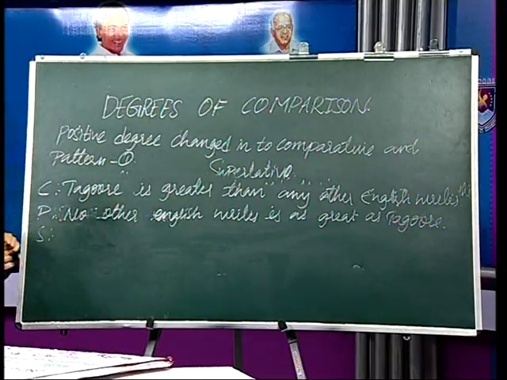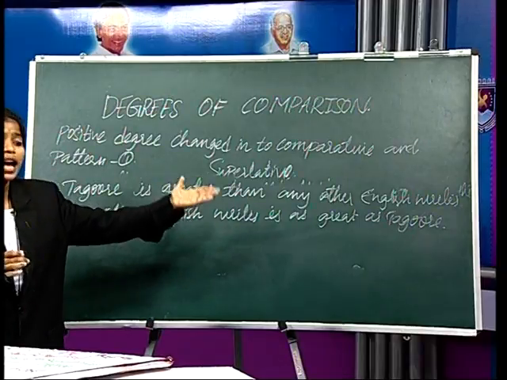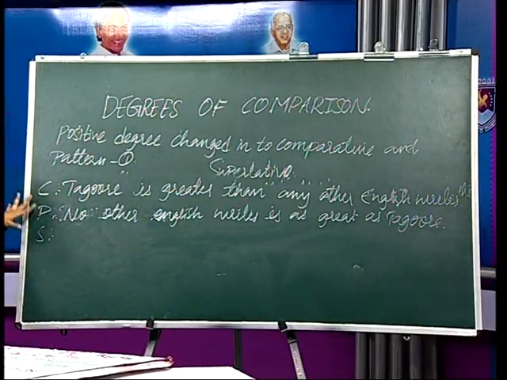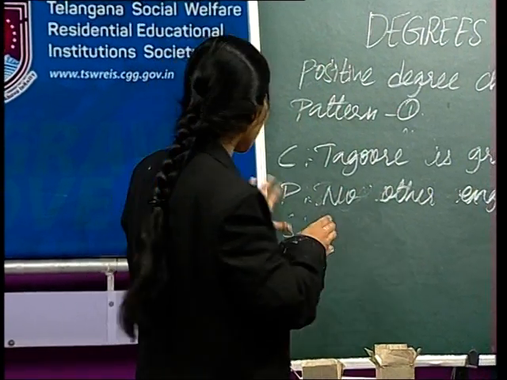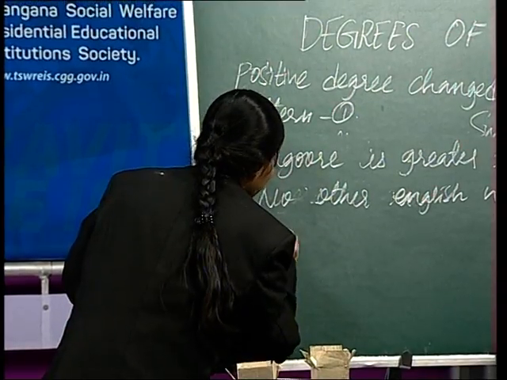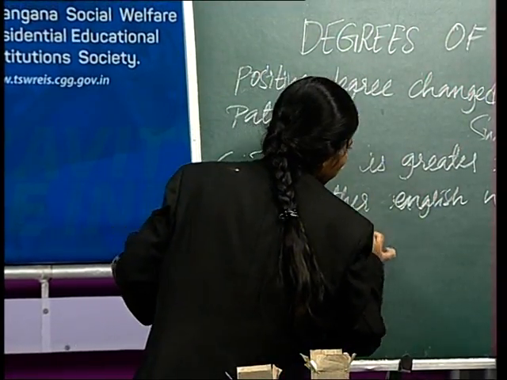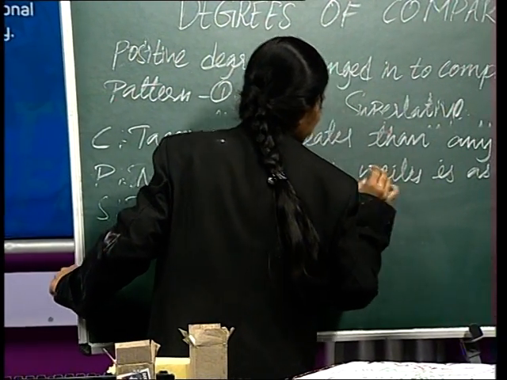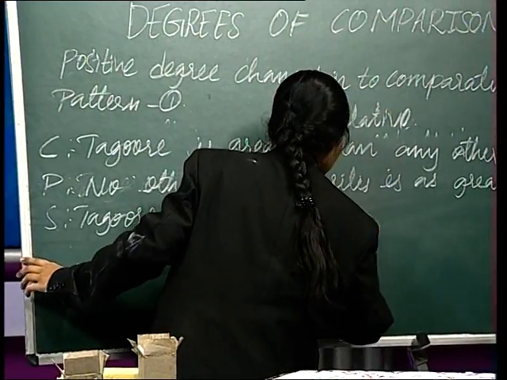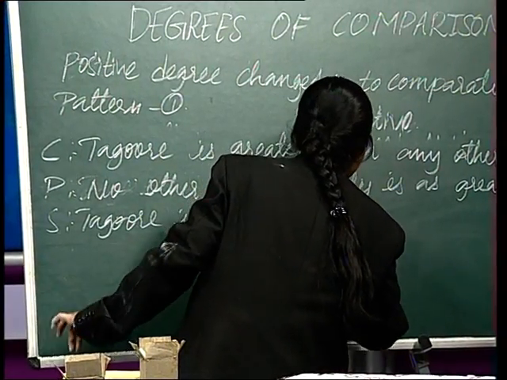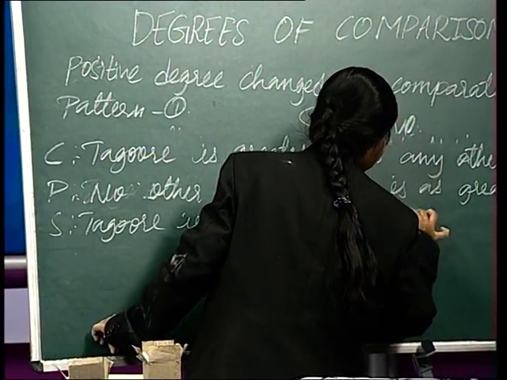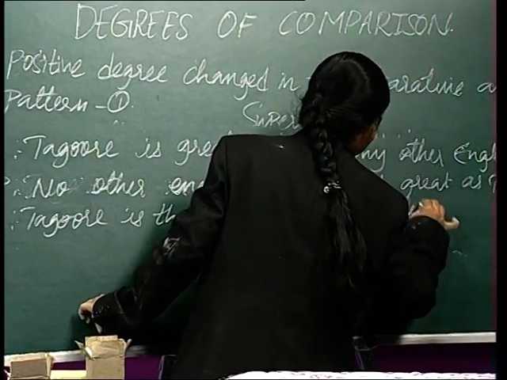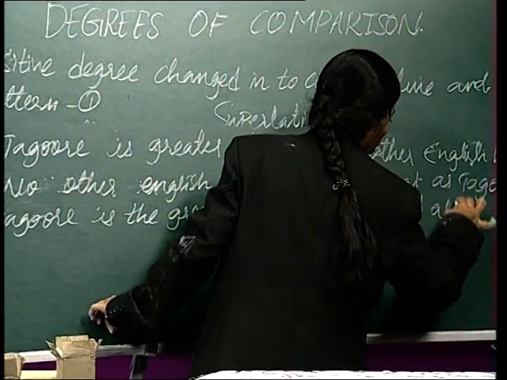Friends, what had we written? No other English writer is as great as Tagore. It is in the positive form. So let us change this sentence into the superlative form, friends. Tagore is the greatest English writer of all.